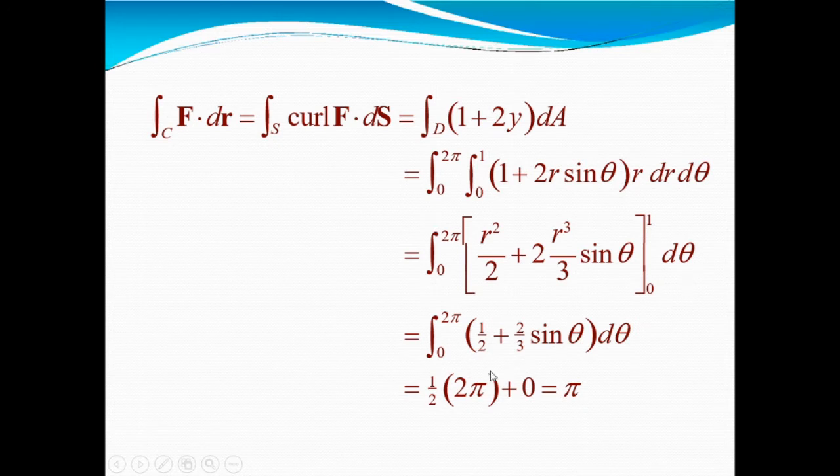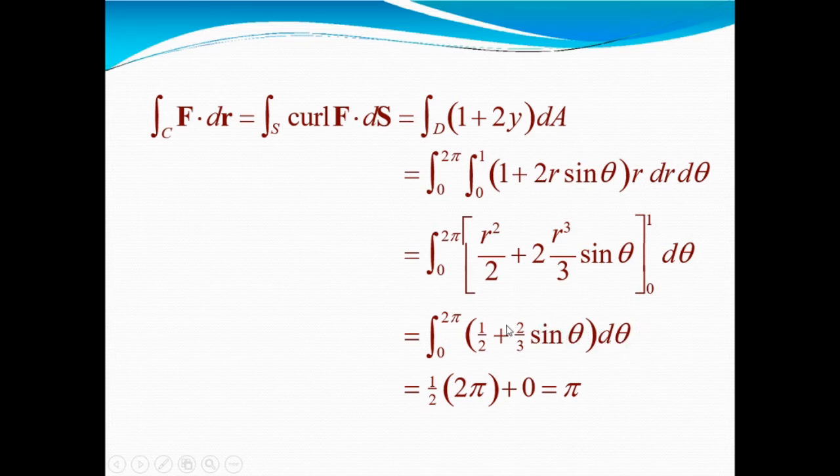Within the limits from 0 to 1, into dθ, again the integral 0 to 2π. When we substitute the upper limit and lower limit, our values will be 1/2 plus 2/3 sin θ for the upper limit value 1, into dθ. Again if we take the integral of this whole value, we get 1/2 into θ. For θ we apply the upper limit and lower limit. θ for the upper limit is 2π, hence 1/2 times 2π, plus 2/3 sin θ dθ.